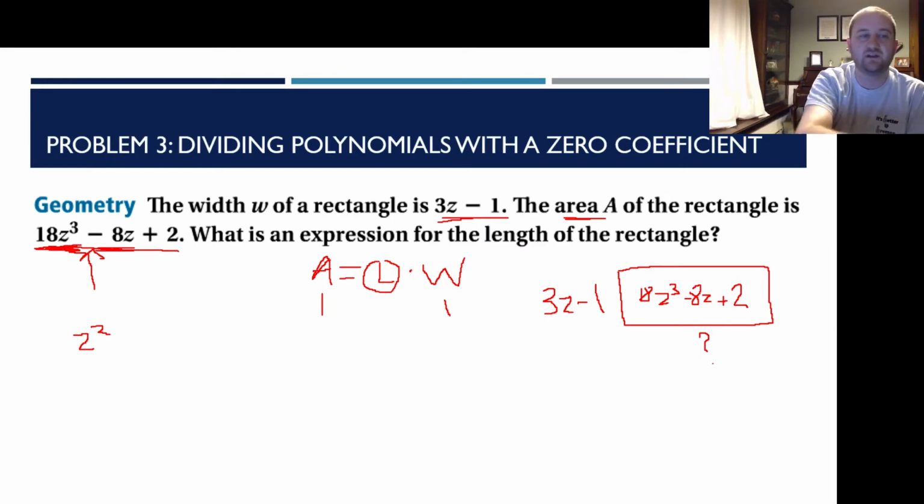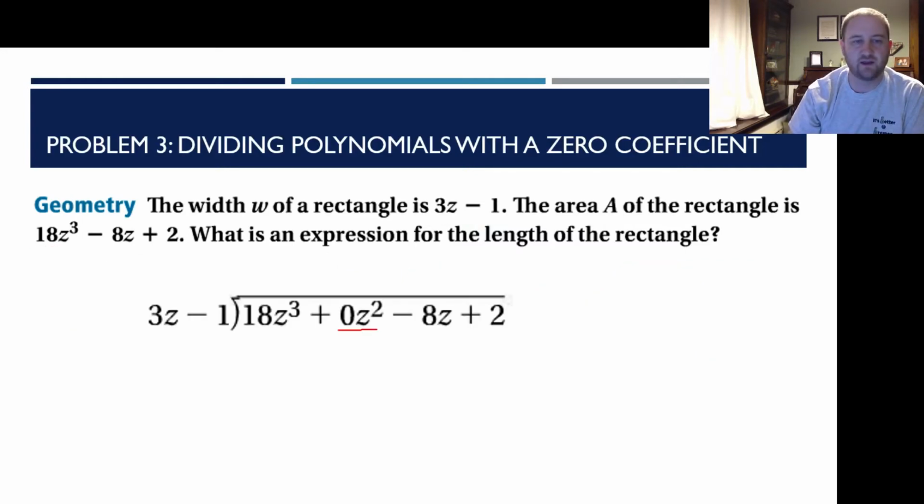There is no z squared term in this problem, so we're going to include it with a coefficient of 0. We write the z squared term right after z cubed, just as 0z squared. Now we've got cubed here, squared here, and then the first power here. And now we're going to divide it just like we did the other day.